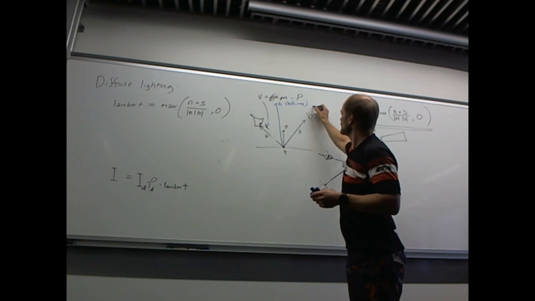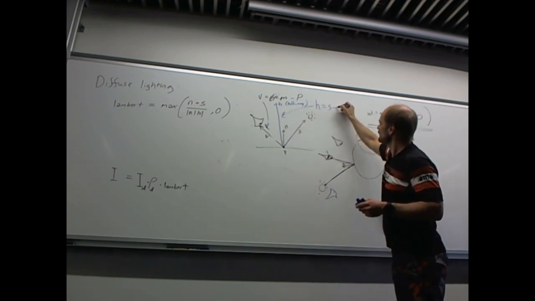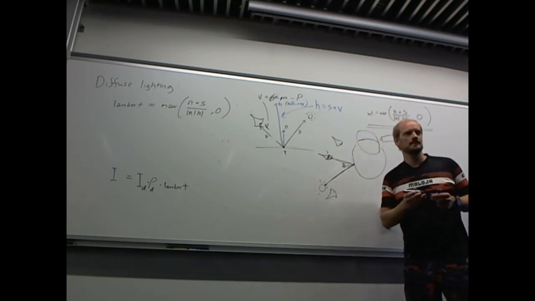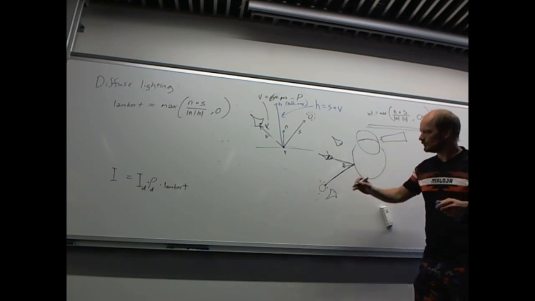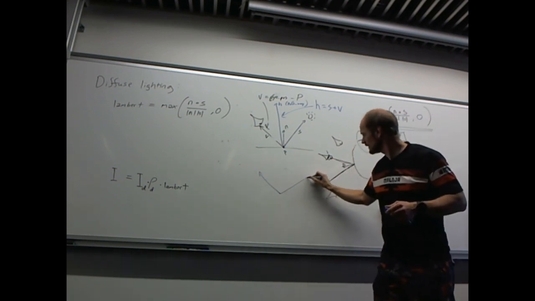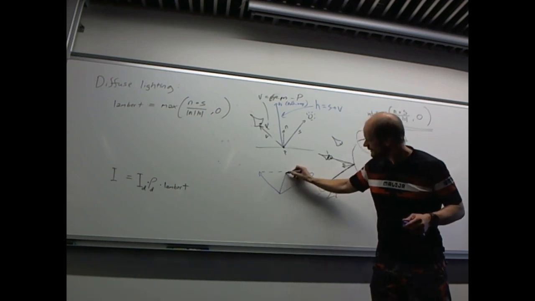I say this is the vector H, and it equals S plus V. Do I need to divide by 2 to get an average vector? If we take two vectors here, and we take an average, it'll be here.